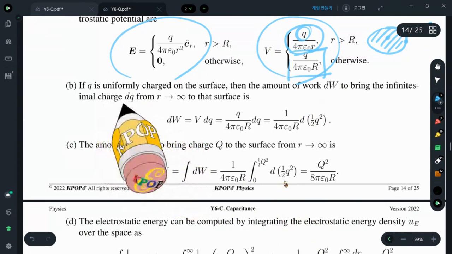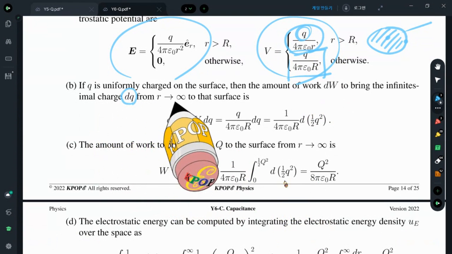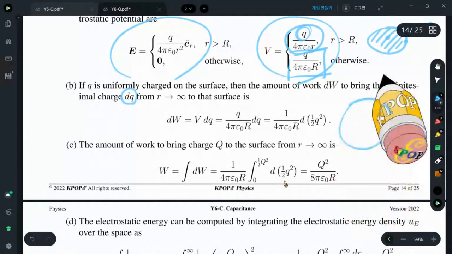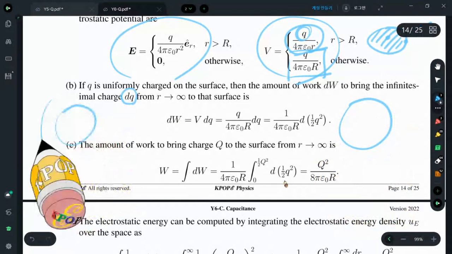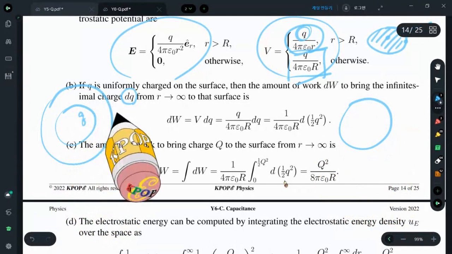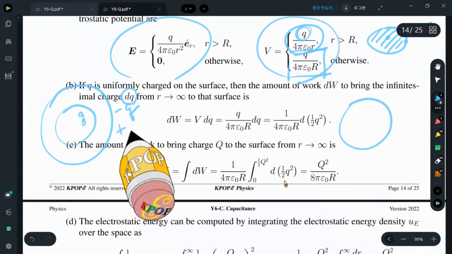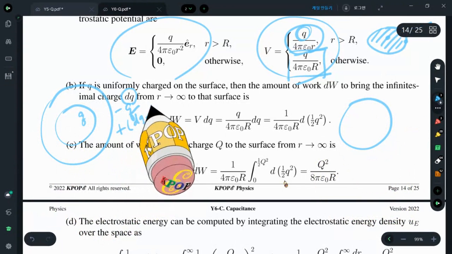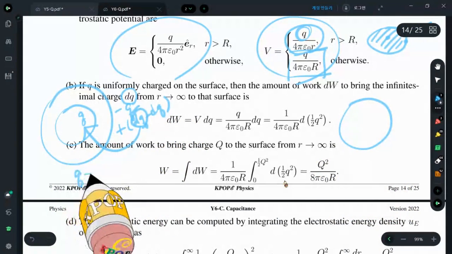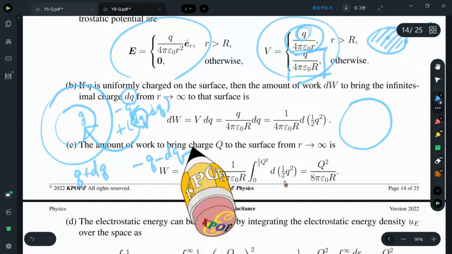The work required to bring dq in from r going to infinity: remember, we have two spheres, a q and a minus q. Bringing in dq and minus dq, you will arrive at q plus dq and minus q minus dq.